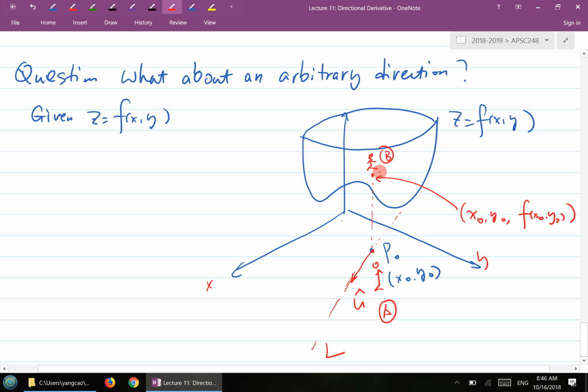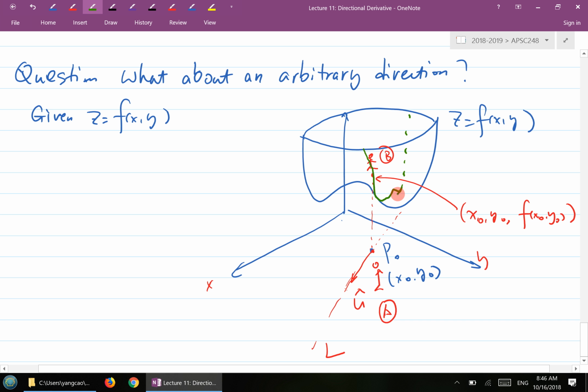Then that person B, as you can imagine, as person A is walking along the line, will inevitably trace out a certain curve along that surface S. Okay, surface. That make sense?